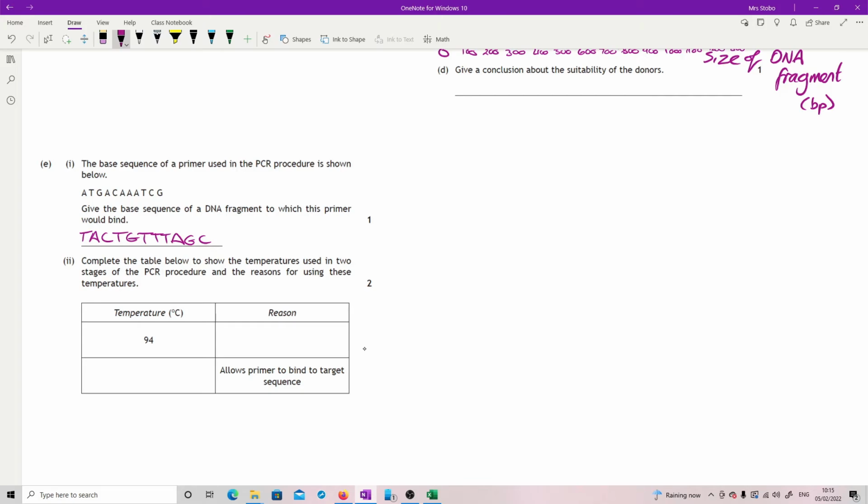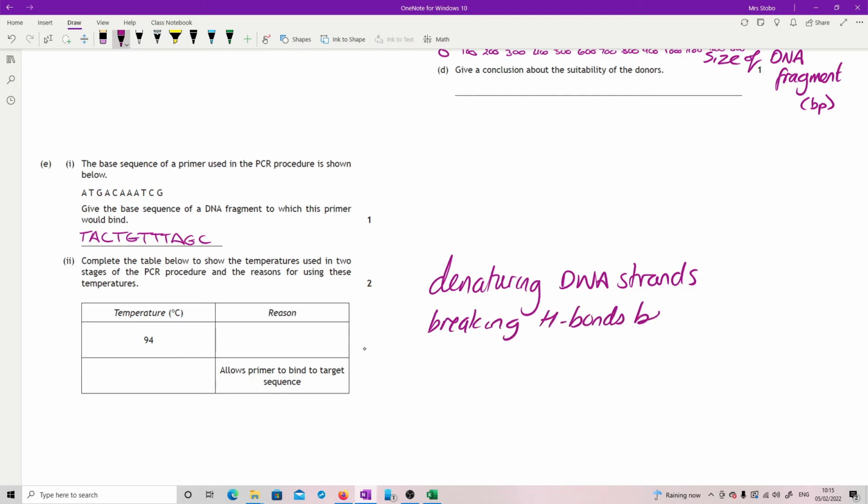Complete the table below to show the temperatures used in 2 stages of the PCR procedure and the reason for these temperatures. Okay. So 94 degrees, that's your high temp, and really all we're looking for there is that you're denaturing the DNA strands. Or if we wish to put this in real terms of the bonds, you're breaking the hydrogen bonds between DNA strands.